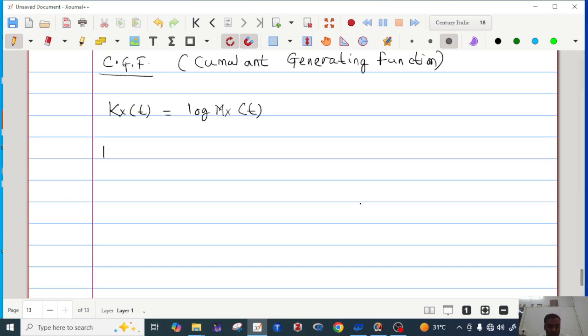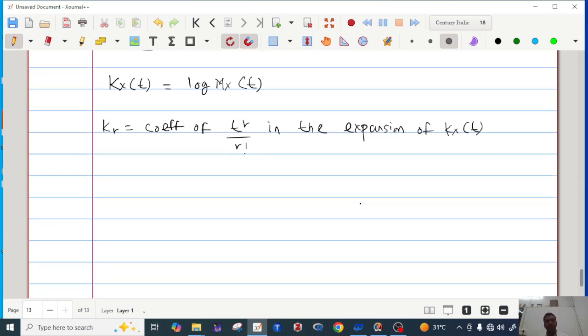The cumulants are denoted by Kr, the coefficient of t raised to r upon r factorial in the expansion of KX of t. Same as we did for moments and MGF.